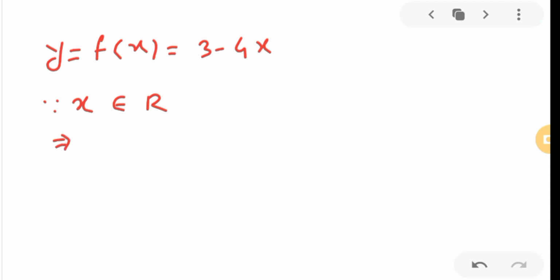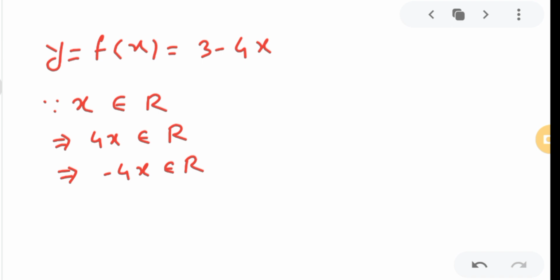So if x belongs to R, then if you multiply this x with 4, this will also belong to R only. Correct? Or you can say that minus 4x belongs to R. Because minus also is R only, right?